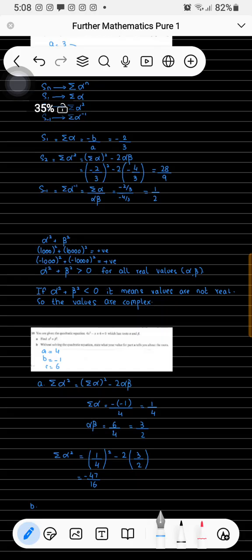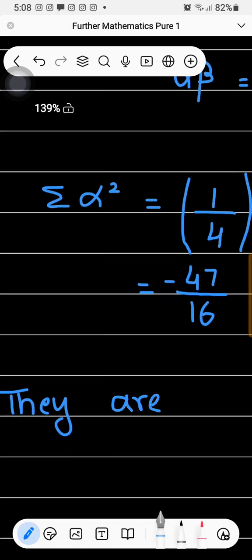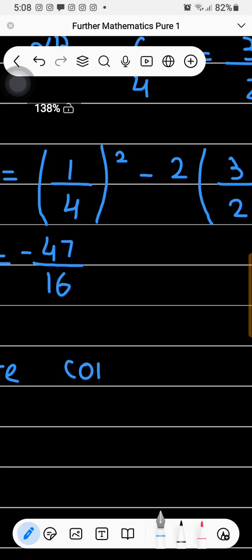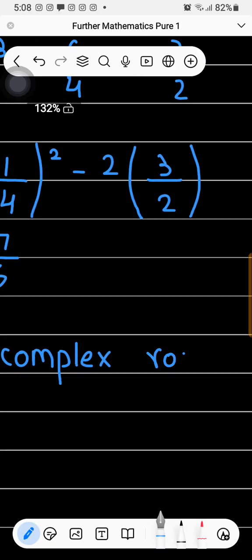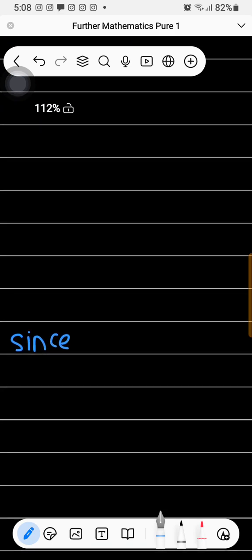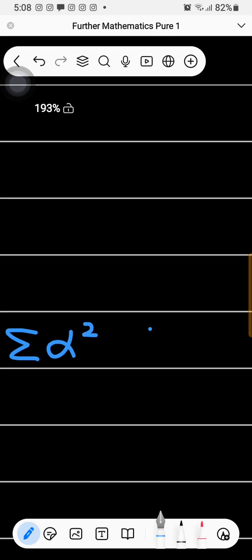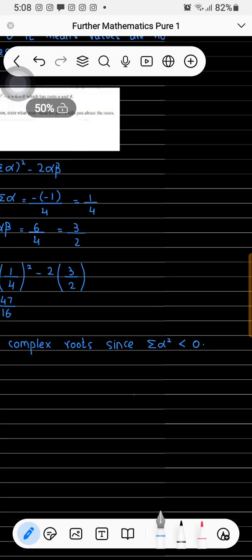So we will just write they are complex roots since sum of alpha square is less than 0. So that's our answer.